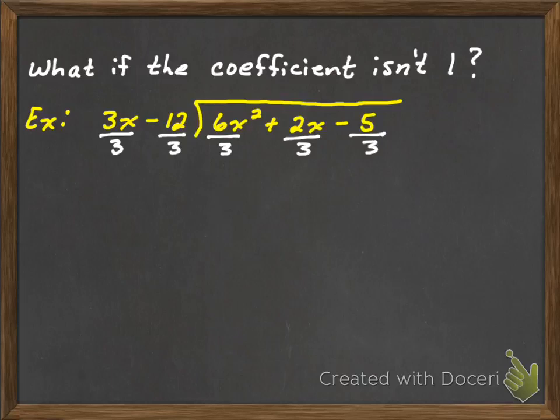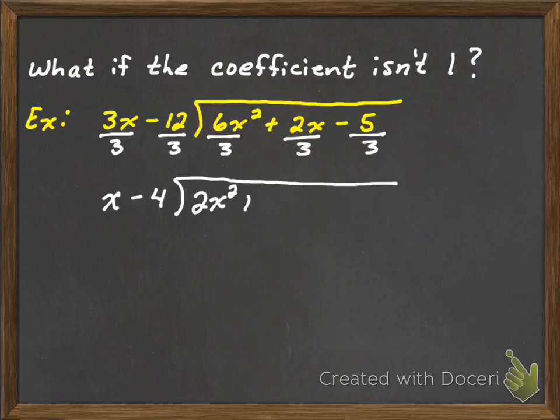What that now makes the problem is x minus 4, and we're dividing that into 2x squared plus 2/3 x minus 5/3. So your c value in this situation is going to be the 4. So we're going to be in that form x minus c. So your c value is 4.